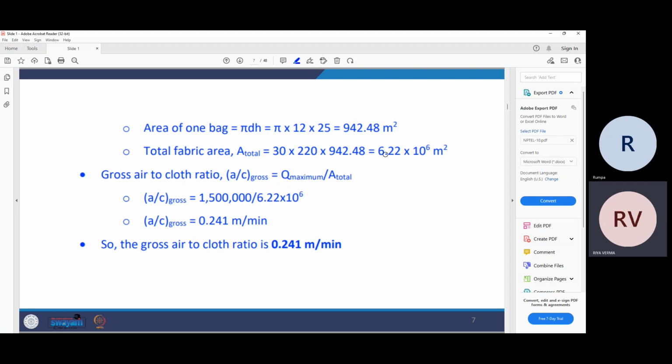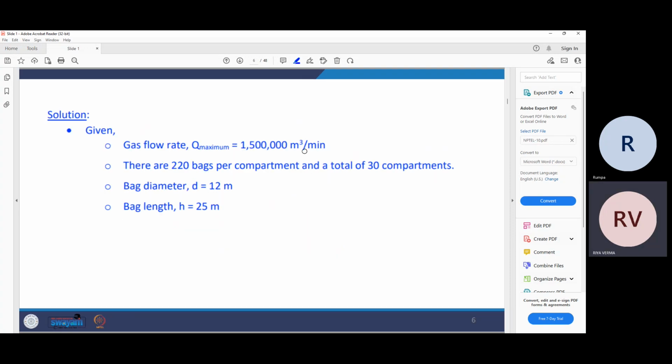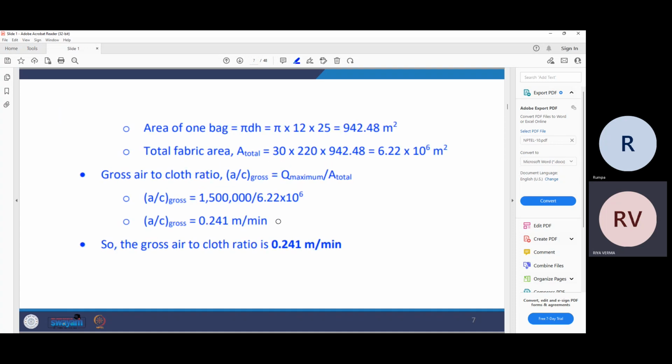meters squared. Now the formula for gross air to cloth ratio is Q maximum divided by total area. So the maximum value of Q was 15 lakh divided by total area 6.22 into 10 raised to the power 6, and this will come out to be the value of Q in meter cubes per minute.